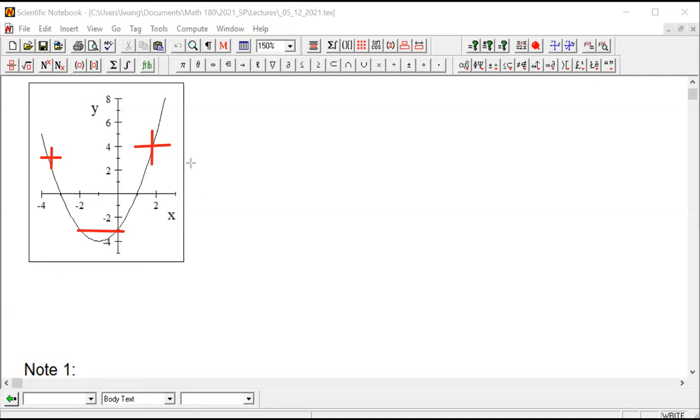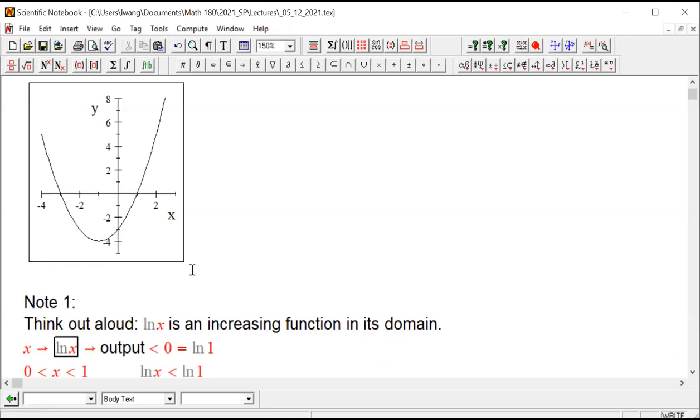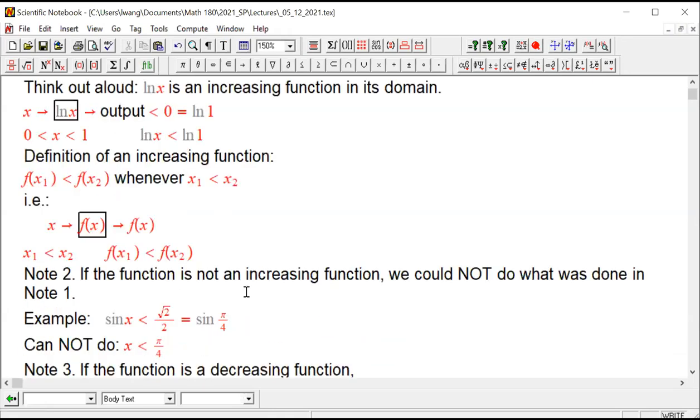So now let's look at that question we posed. This serves as some kind of review of trigonometry. How do we solve this inequality?